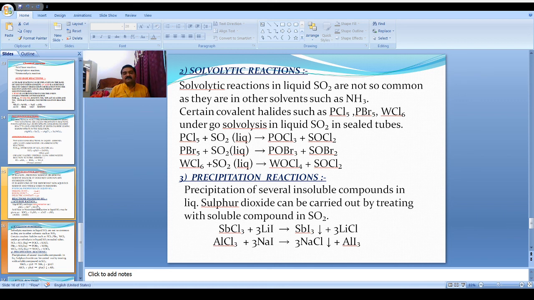It forms antimony triiodide plus thrice lithium chloride. Aluminum chloride reacts with sodium iodide. It forms sodium chloride plus AlI3, aluminum triiodide, and the downward arrow shows the formation of the PPT at the bottom of the beaker here.